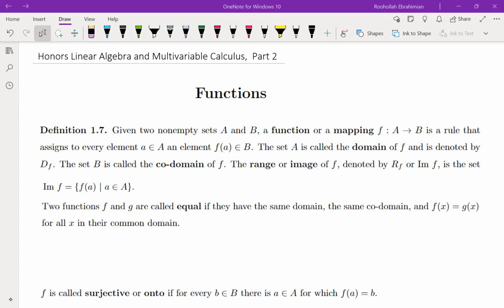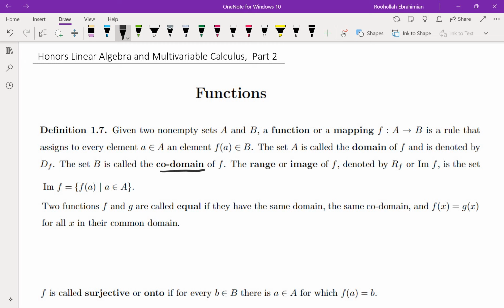So first, a definition. Given two non-empty sets A and B, a function or a mapping, these are the two words that we're going to use synonymously, f from A to B is a rule that assigns to every element of A an element f(a) in B. The set A is called the domain of f and is denoted by D sub f, and the set B is called the codomain of f.